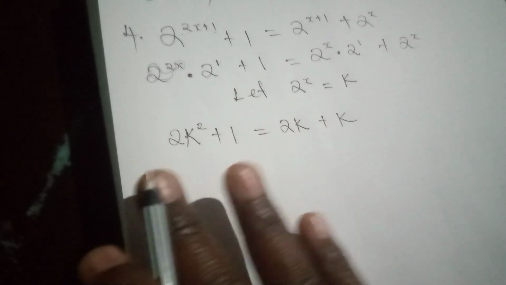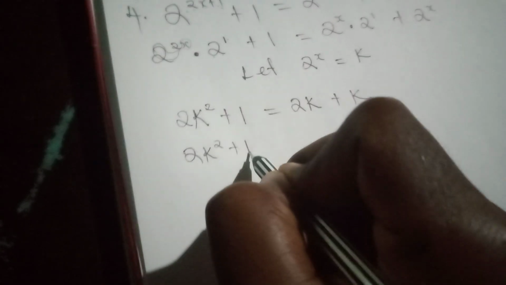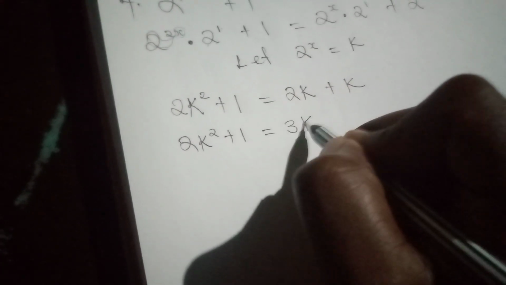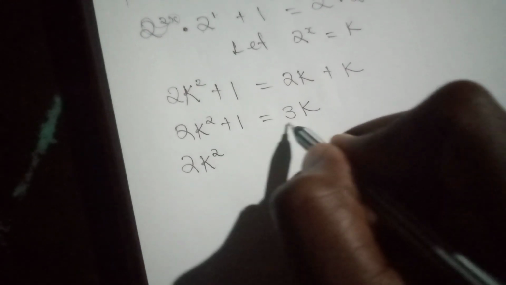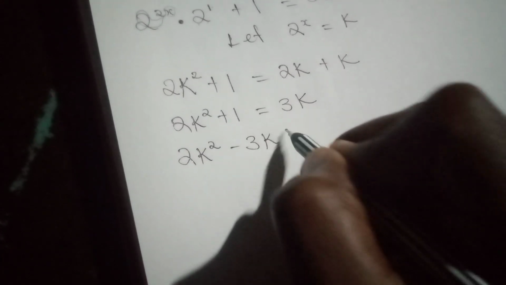When you add, that is 2k square plus 1 is equals to 3k. When this one crosses the equal sign it becomes 2k square minus 3k plus 1 is equals to 0.